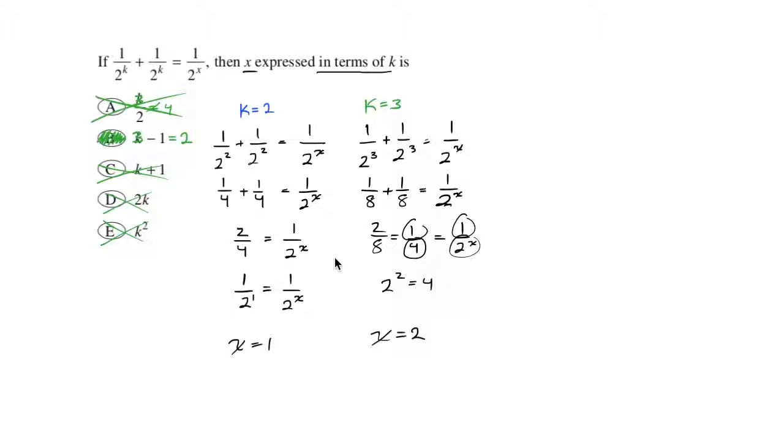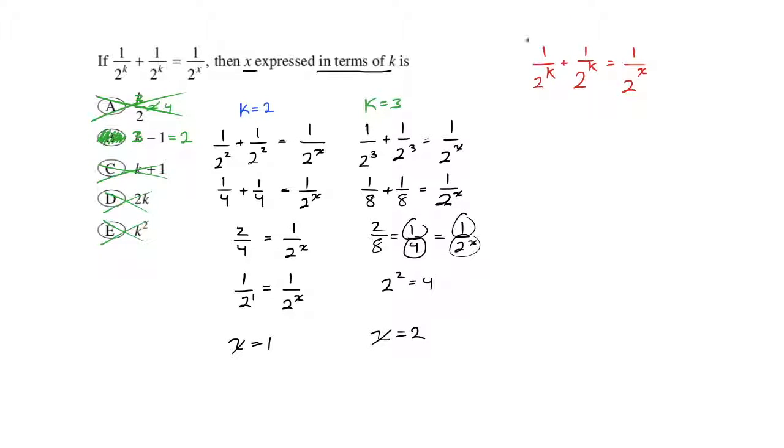Well, the elegant way of doing this, and you know I'm always going to throw it out there, is just to try and work with the laws of exponents a little bit more succinctly. We have this statement 1 over 2^k plus 1 over 2 to the k is equal to 1 over 2 to the x, and I'm going to work this problem symbolically now.